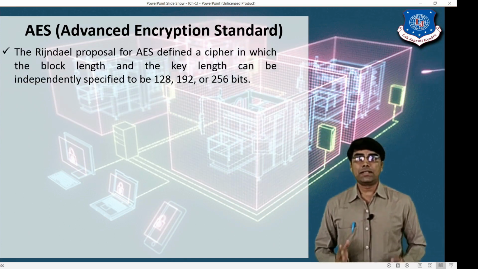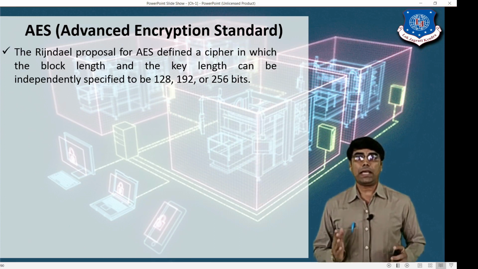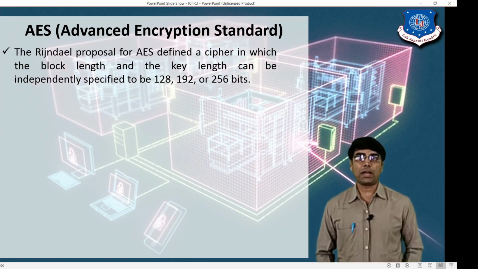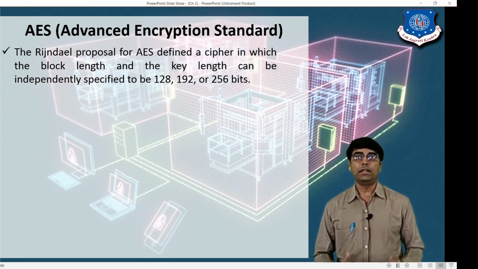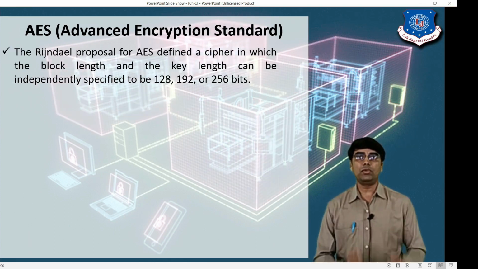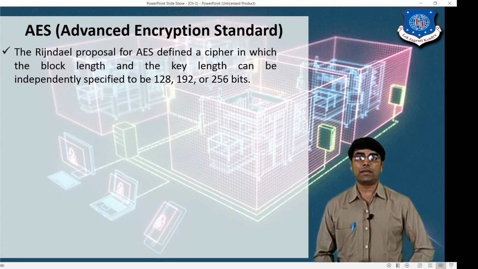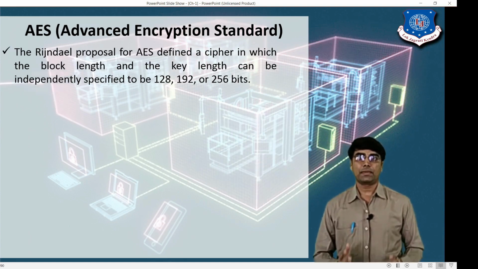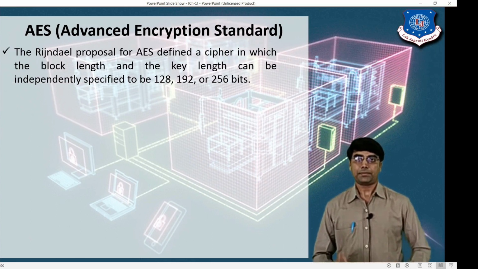Now, the Rijndael proposal for AES defined a cipher in which the block length and the key length can be independently specified to be 128 bits, 192 or 256 bits. It means Rijndael has proposed one stronger algorithm, and it is called the advanced encryption standard.